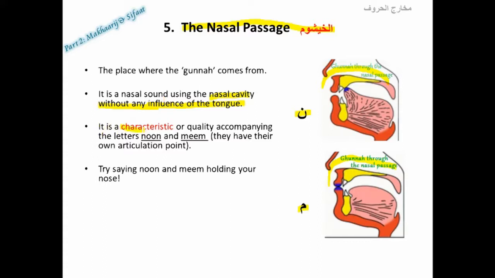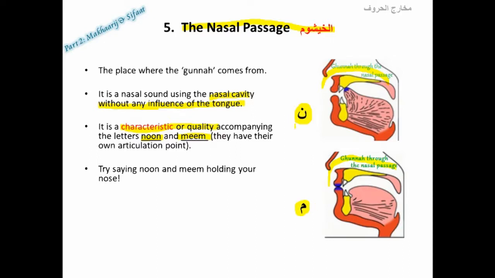It is a characteristic or quality accompanying the letters Noon and Mim. I think we have established that in the slides before. They have their own articulation point. Noon, the makharij for Noon is what? Yes, the tip of the tongue. And the makharij for Mim is ash-shafatayn, the lips, right?